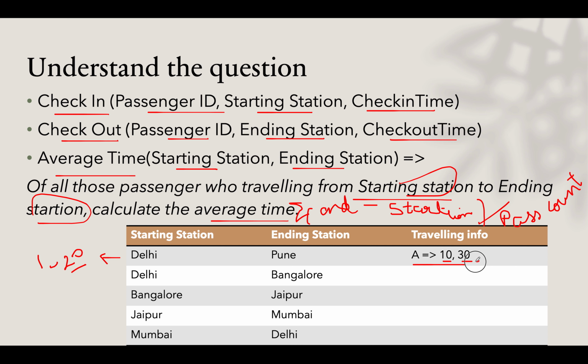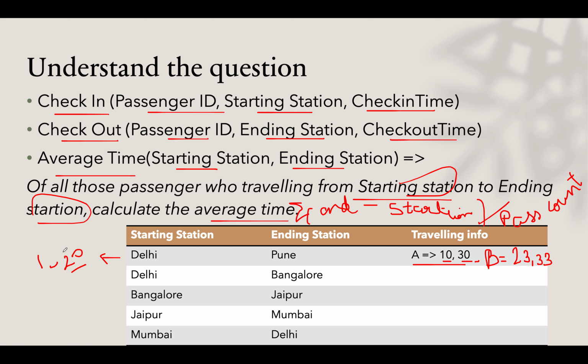Now let's assume another traveler comes, B, and he started his journey at 23 seconds and ended at 33 seconds. So what is the average travel time here? What will be the impact? The travel time increased by 10: 33 minus 23 is 10.